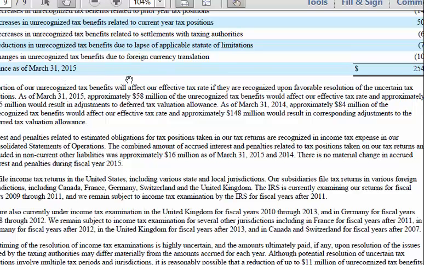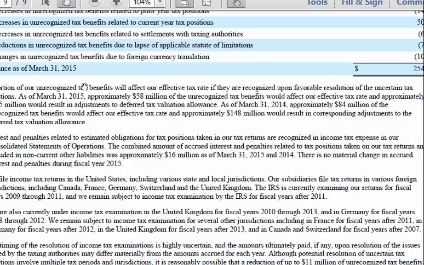A portion of our unrecognized tax benefits will affect our effective rate if they're recognized upon favorable resolution. As of March 31, 2015, approximately 58 million of these UTBs would affect our effective rate, and 195 million would result in adjustments to the VA. So that's kind of saying that 58 million of their exposures are non-U.S. and 195 are U.S. Because if you read their disclosure, you know they have a U.S. valuation allowance.